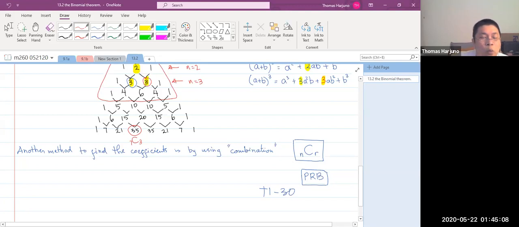Now, the way it works is actually the following. The one on the left-hand side here is 7 combination 0. So you start from 0, 1, 2, 3, 4, 5, 6, 7. This is 7 combination 7.